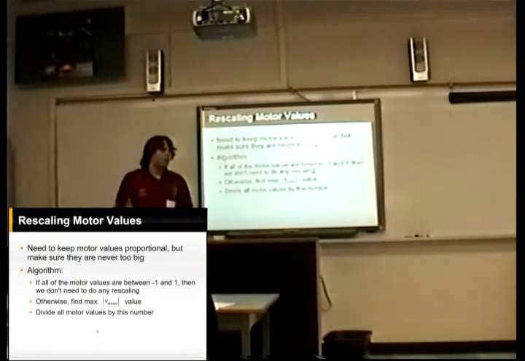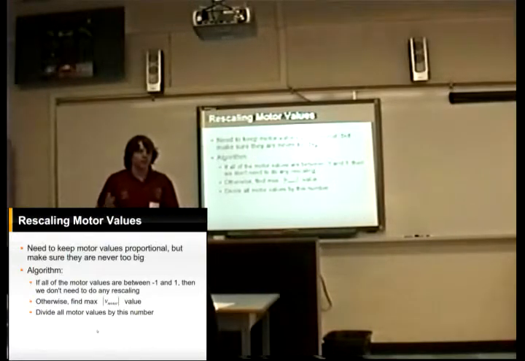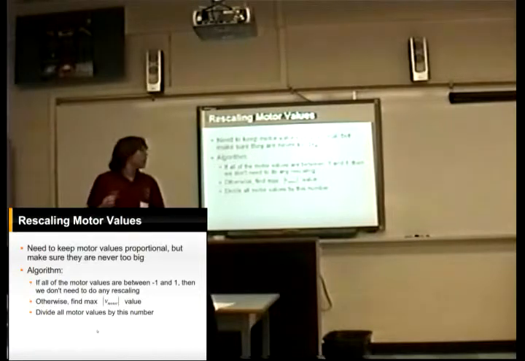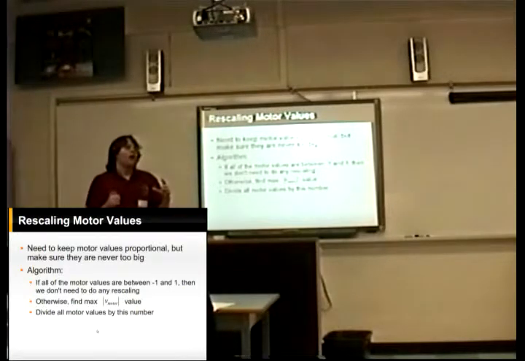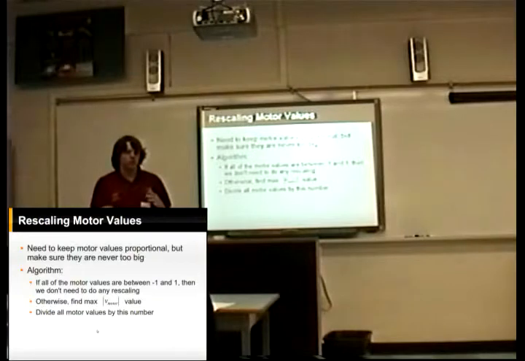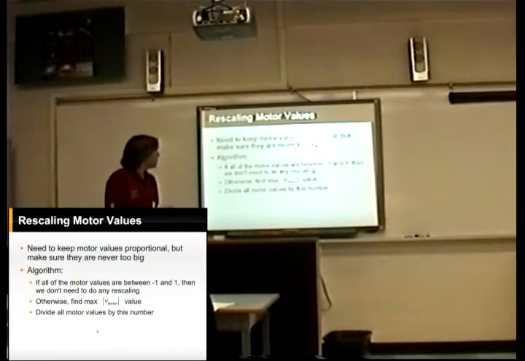And the problem with doing this in an Omni Drive situation is that we want the motor values to stay always proportional to each other. But the trouble is if you chop it off, that value is obviously not going to stay proportional.